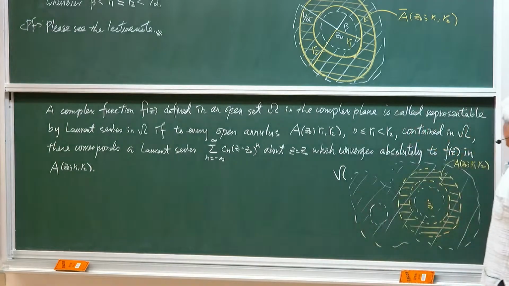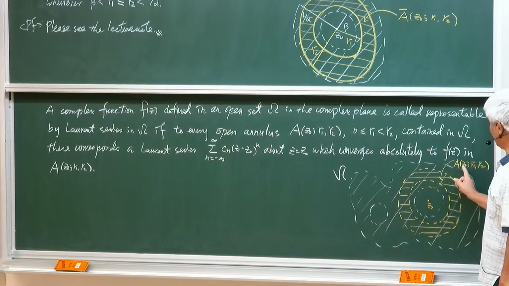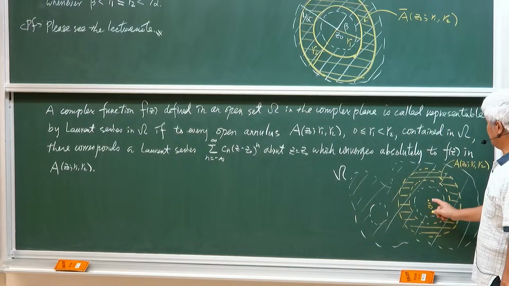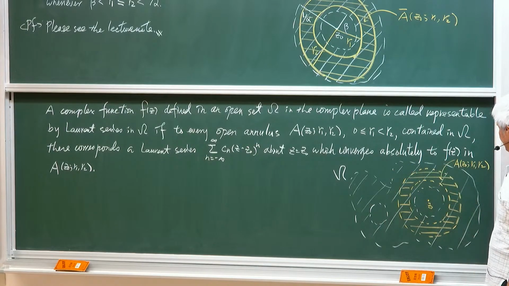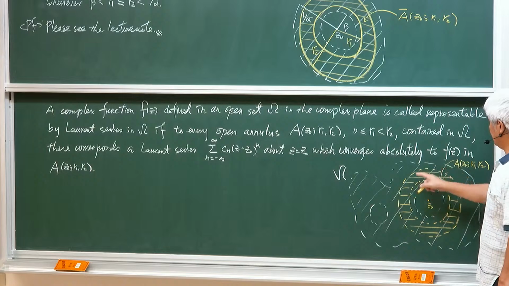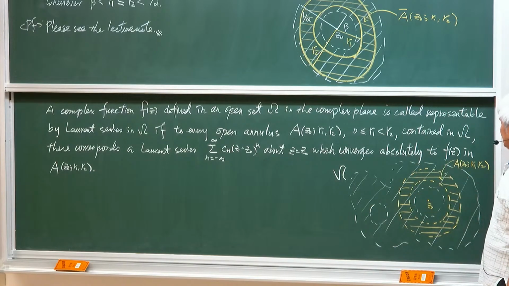The center in this case, obviously z0, is not in omega. But the open annulus is contained in omega here.